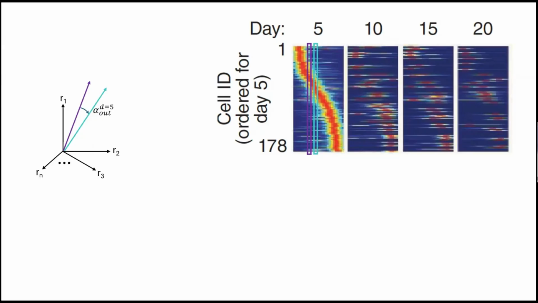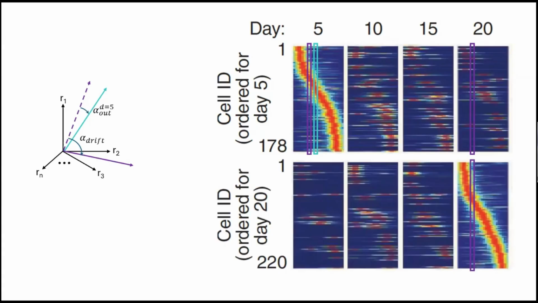Now, the fact that there's drift means that if I look at this purple position on a different day, this pattern of activity is different. That means that this vector has been rotated by an angle, let's call it alpha drift. However, now I'm going to leverage this second salient characteristic of drift, which tells me that this activity actually has the same structure.